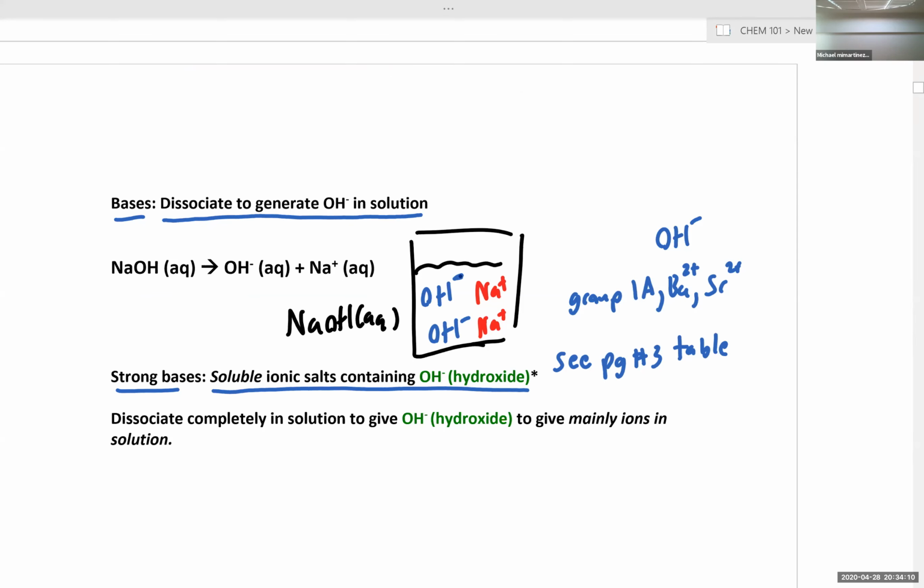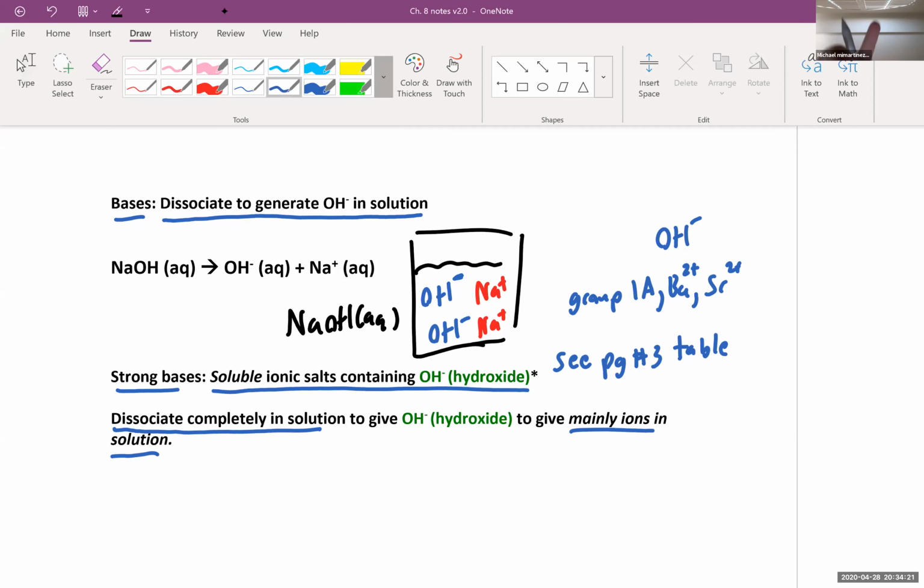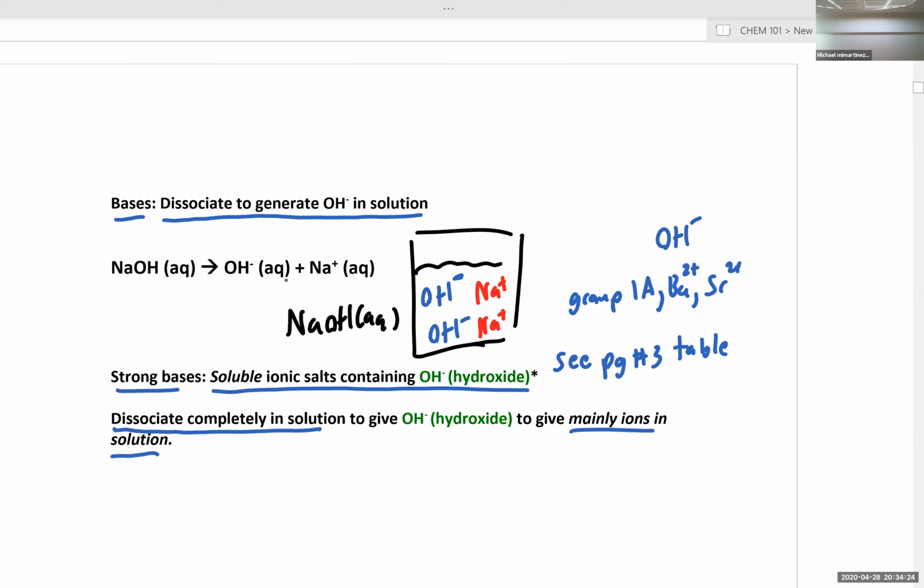Strong bases, just like strong acids, dissociate completely in solution to give mainly ions. We've seen this before from our discussion of acids and bases and ionic compounds. Any questions so far? Just keep in the back of your head: strong acids, strong bases, mainly ions in solution, they dissociate completely. Really critical.